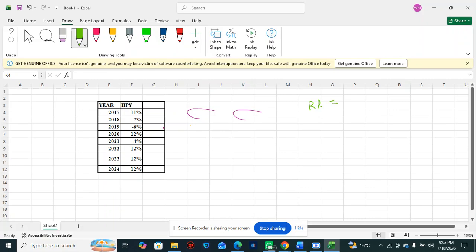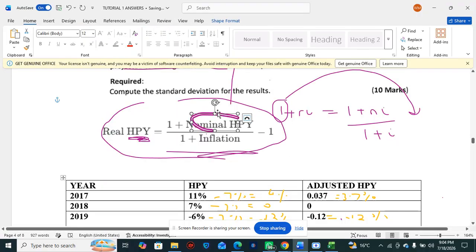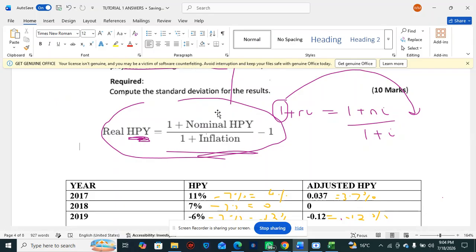Remember, when you talk about something that is real, like real interest rate or real return, it's just your return or interest rate adjusted for inflation. If you remember in macroeconomics, we talked about the nominal rate and the real rate. We use this formula here.